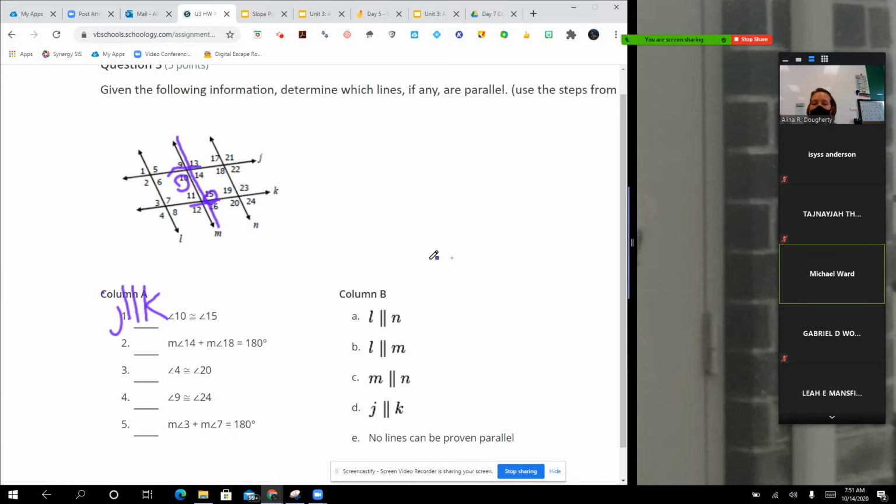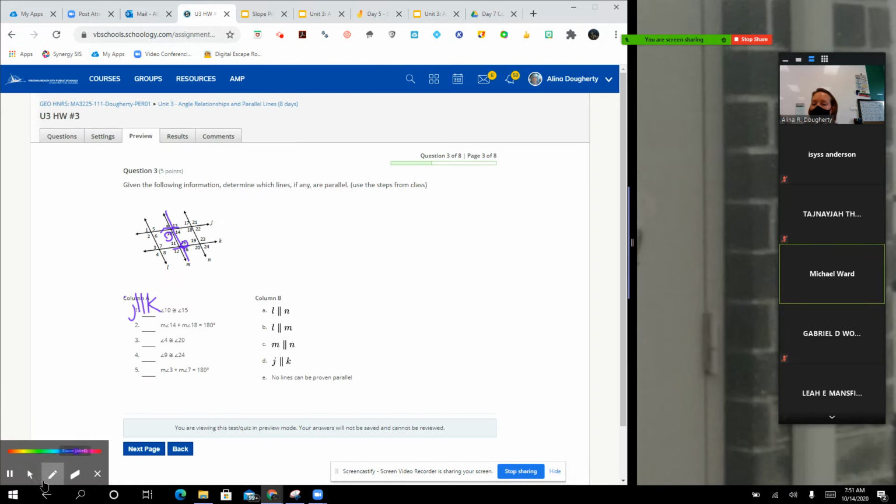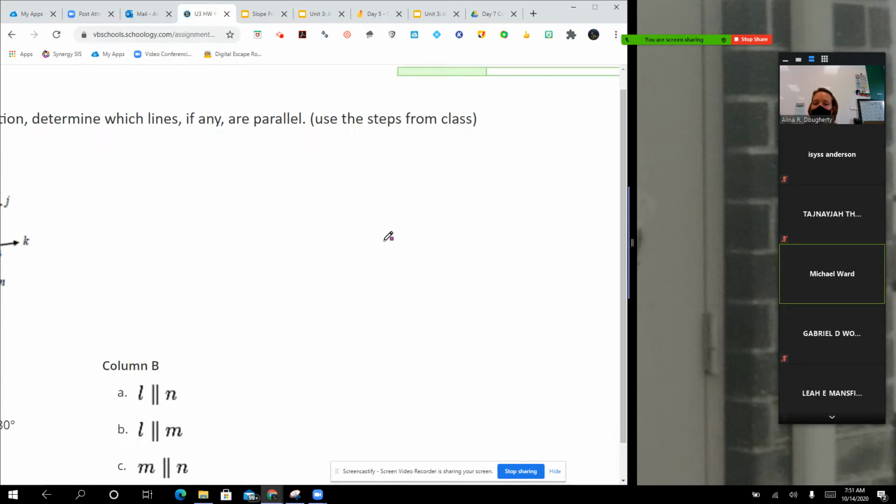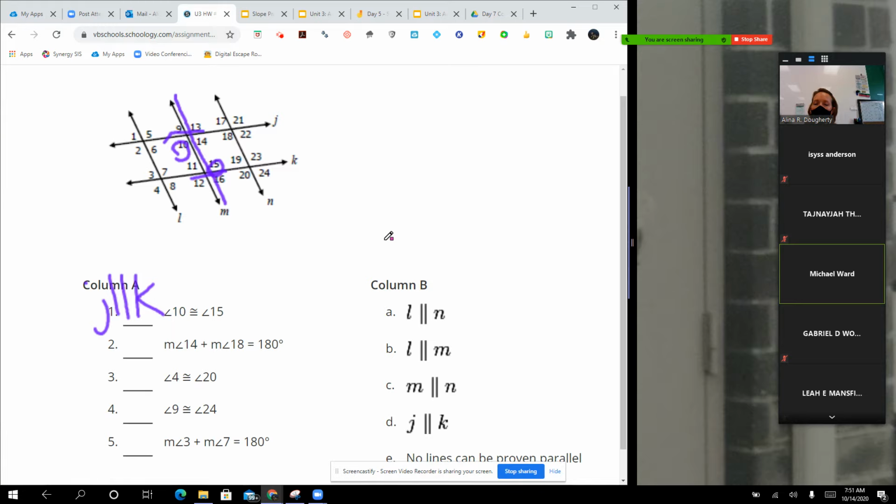Okay. If we go to the next one, I'm just trying to change my color. 14 and 18. Should they be supplementary? They're both on J. Should they be supplementary? They should. And they are.